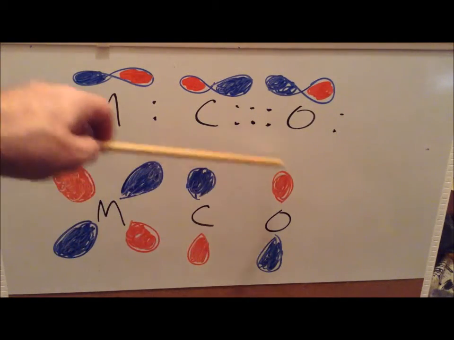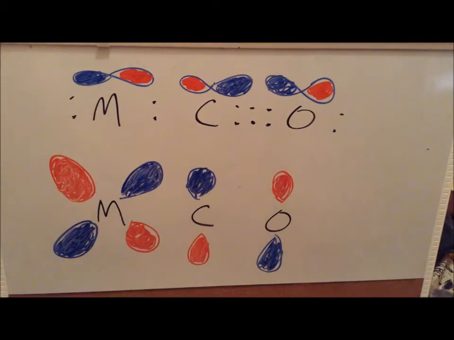That makes this particular carbon monoxide orbital pi antibonding. On the other hand, from the metal to the carbon, they have the same phase. So this is a pi bonding interaction. So we see that when we have a complicated molecule, we can have both bonding and antibonding interactions occurring at the same time in the same molecule. So it starts to get more interesting.